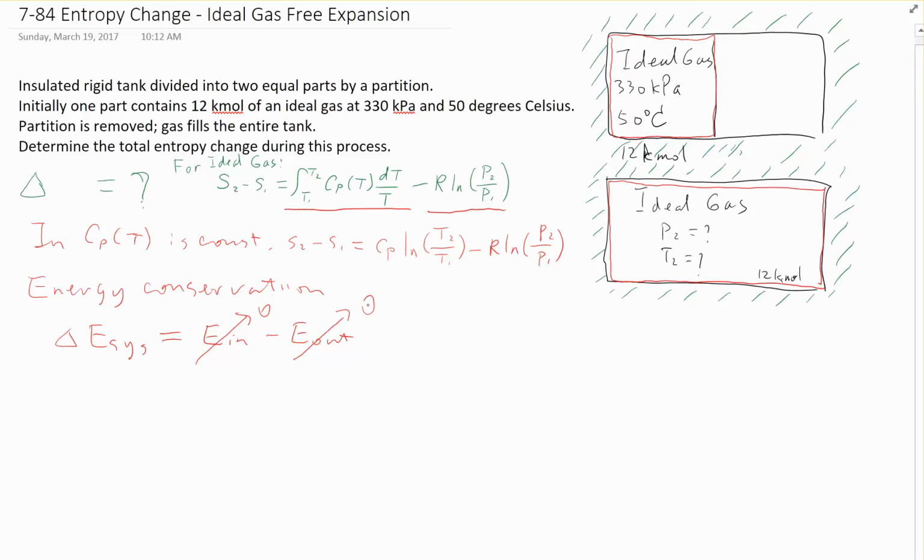Now, what do we consider for the system's energy? Do we consider internal energy, potential energy, kinetic energy, or just one of them? Looking at the schematic I drew, you have a system that sits there in the beginning and then sits there at the end. So the kinetic energy change of the system should be 0. And if this happens with no significant elevation change, the potential energy change of the system is also 0.